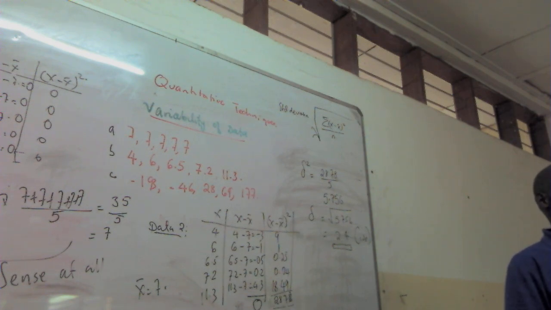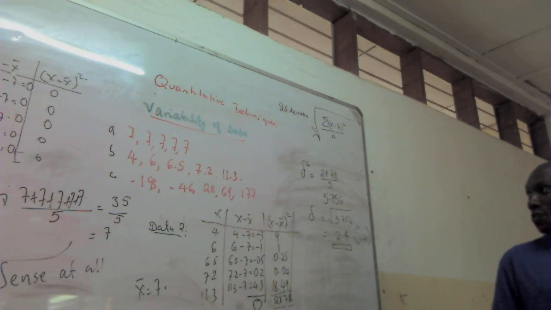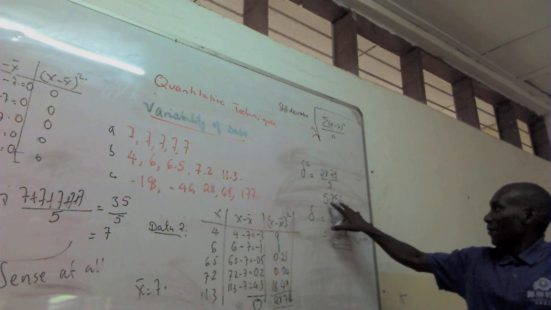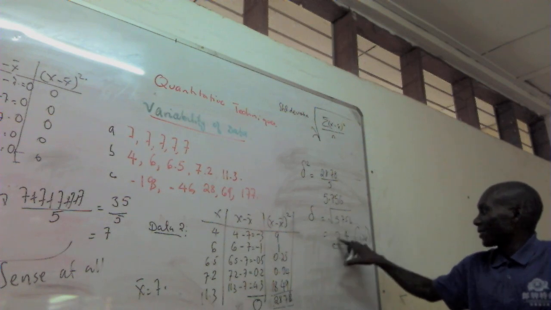Then you will notice that for the first one the standard deviation is 0. This one is variance 5.7 and this one.